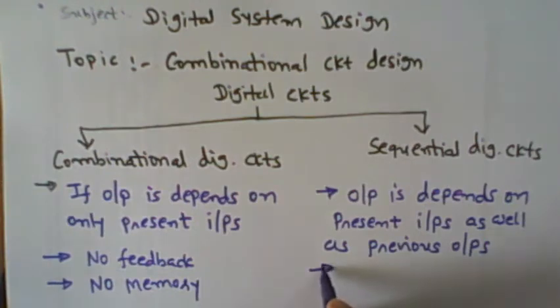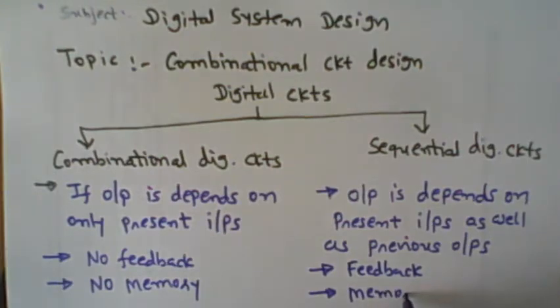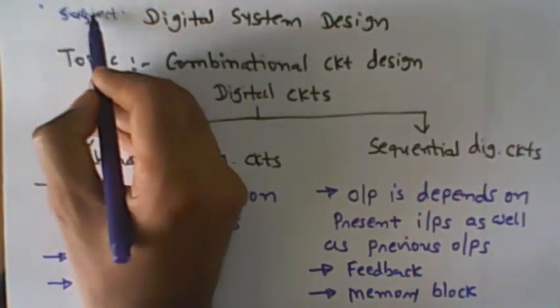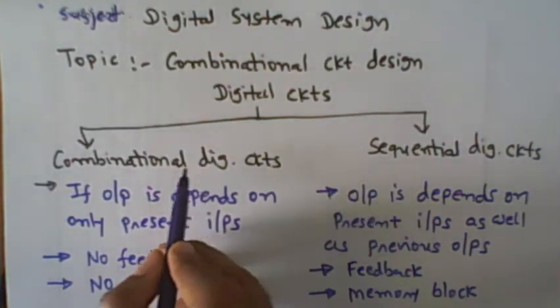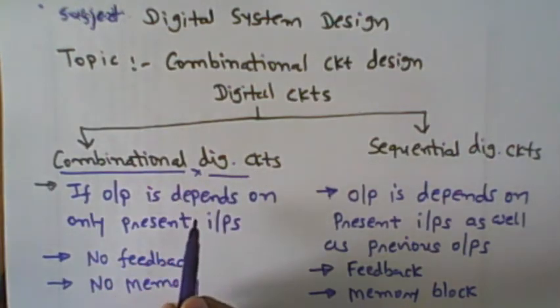In the case of sequential digital circuits, they have a feedback loop as well as memory elements to store the previous output, to store the previous states. So this is the difference between a combinational and a sequential digital circuit. In this video lecture, we will learn how to design a combinational digital circuit.